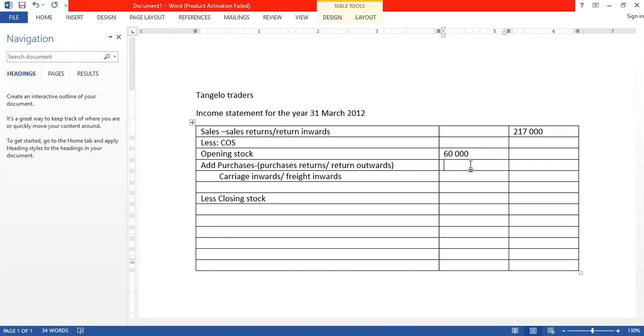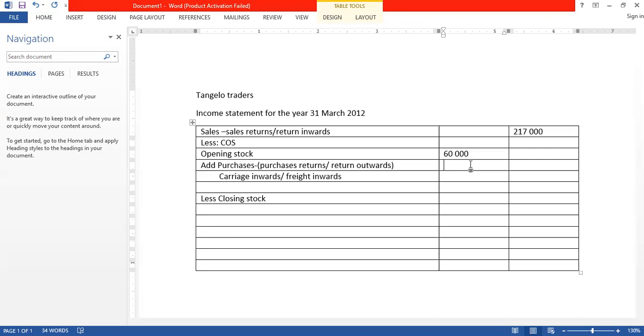We said that when the owner takes goods or money out of the business, it is known as drawings, right? When the owner takes money and goods out of the business for his own use, it is known as drawings. Now, in this case, the owner did not take money, but he took goods. And goods fall under purchases.